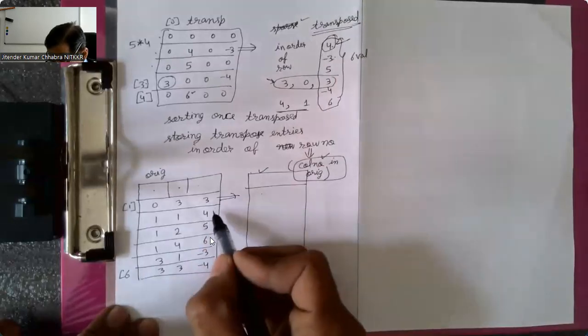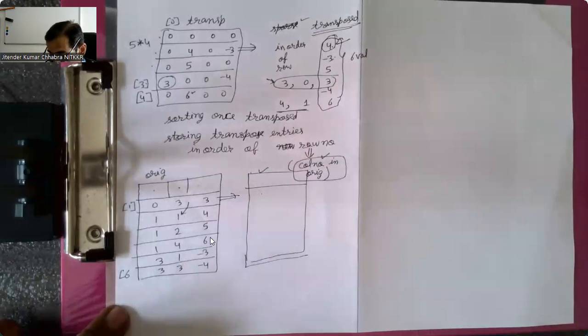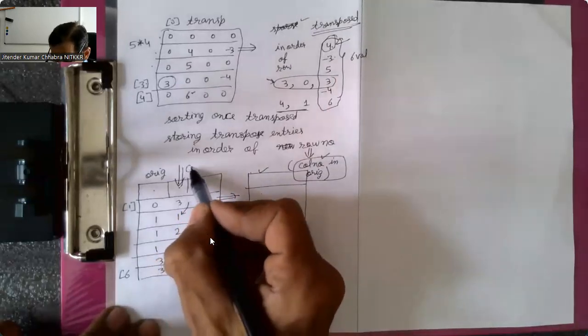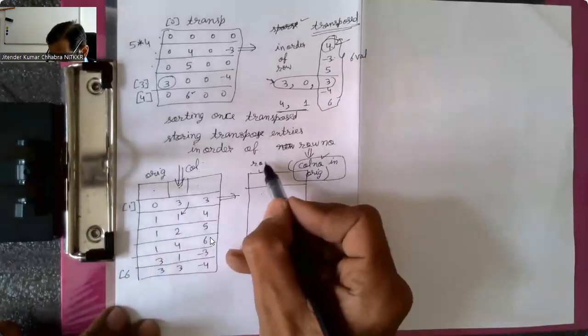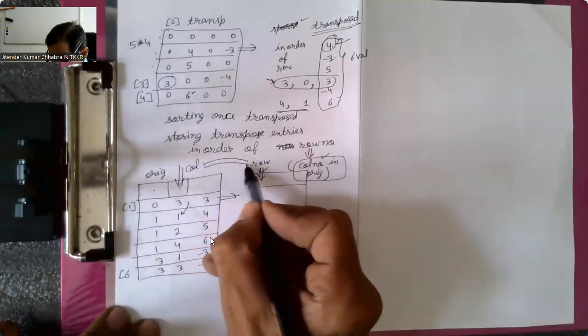Why 4? Because that corresponds to the best possible new row number. So ideally, this is the column number in the original matrix. This will become the row number in the new matrix.